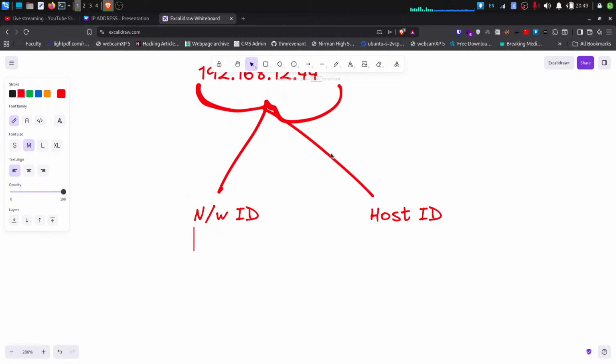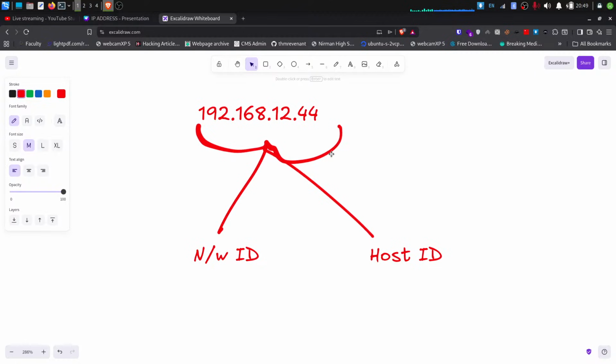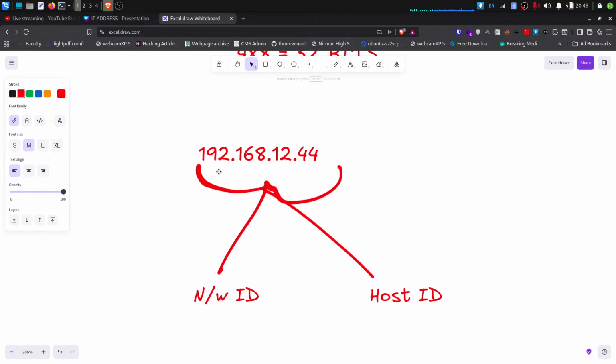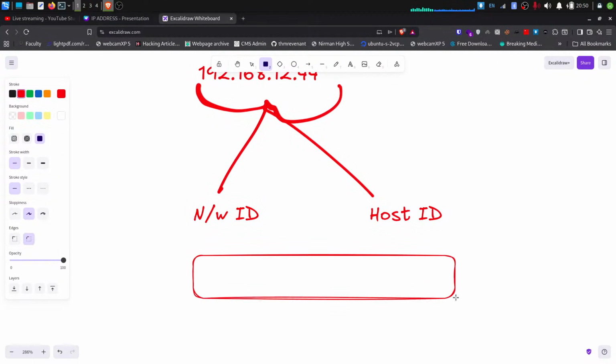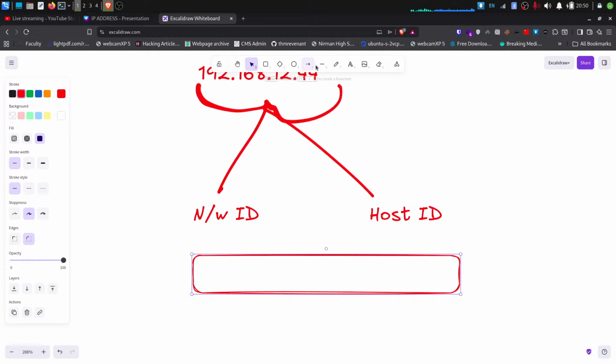Okay. Network ID and host ID. Okay, now look, how can any of you tell me how you will understand which is the network part in this, and which part is the host part? For example, I'll just make a line here.